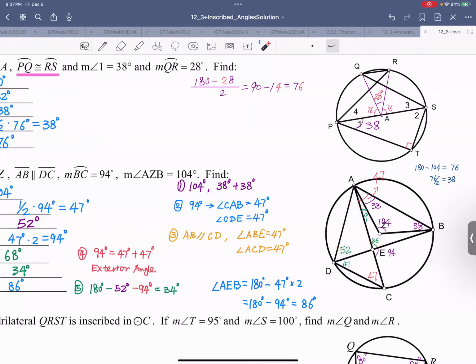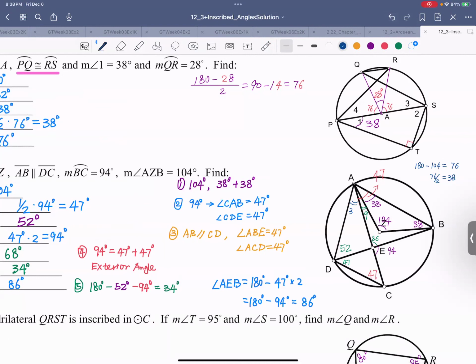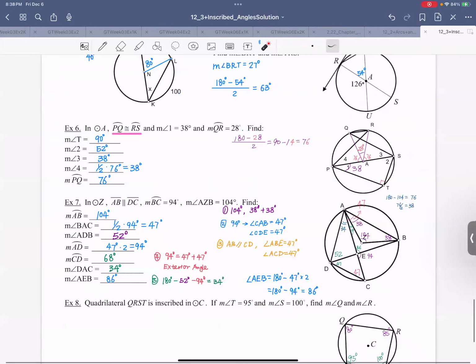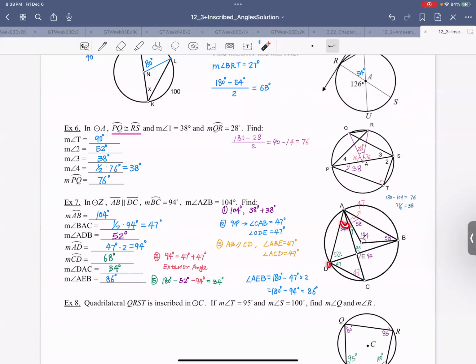You got it. Because 34 plus 52 equals this exterior angle. So arc of CD will be double of 34, which is 68. Yes. Next one.